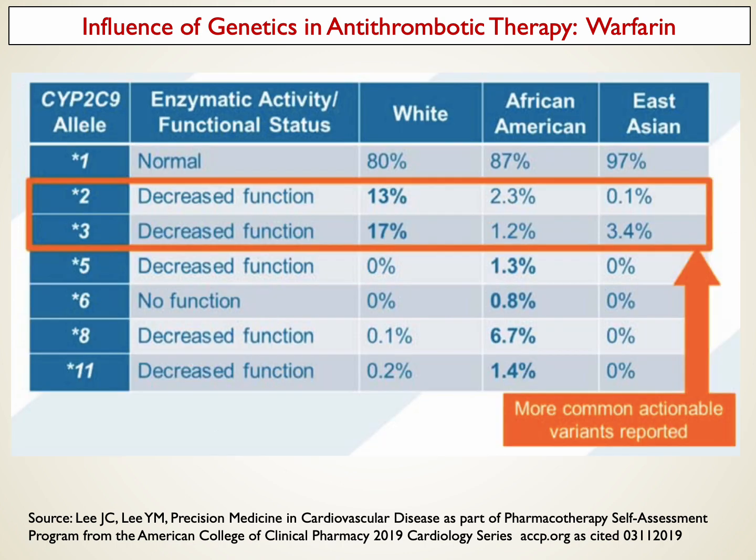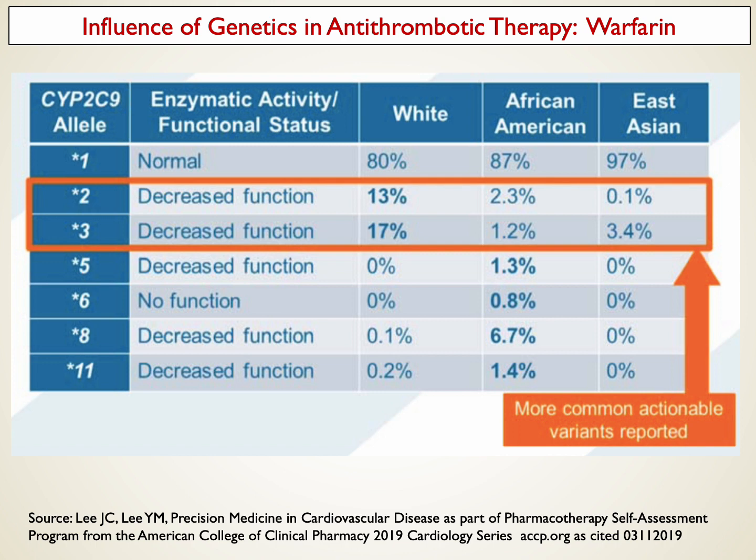So for cytochrome P450 2C9 enzymatic differences, we see variations among populations, with decreased function in metabolism in people of Northern European descent. We'll also see it in African Americans, but in those alleles or variants that are not as commonly tested for in standard genetic testing.